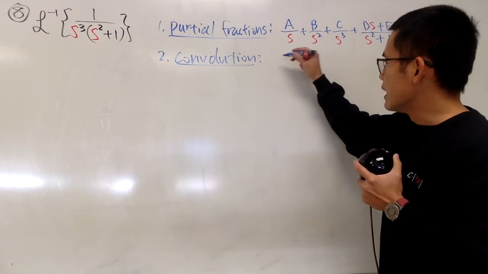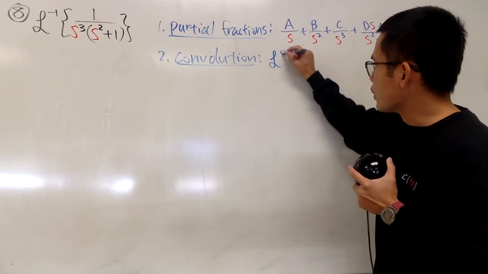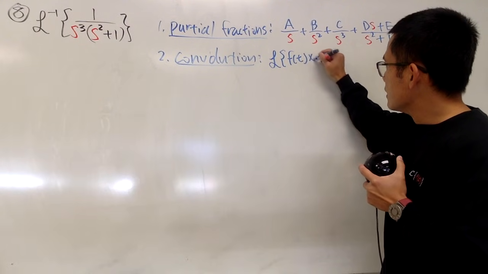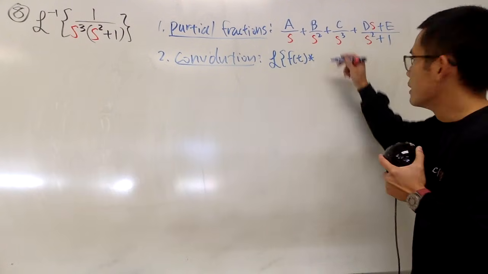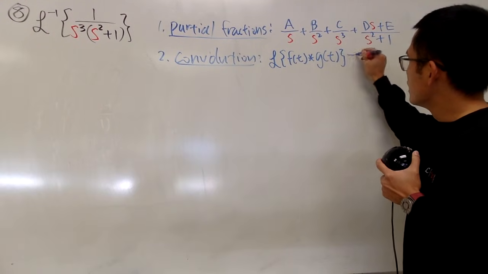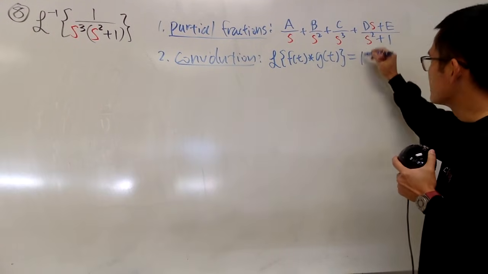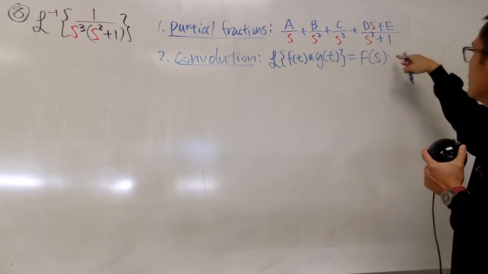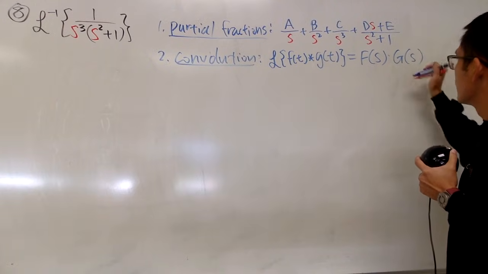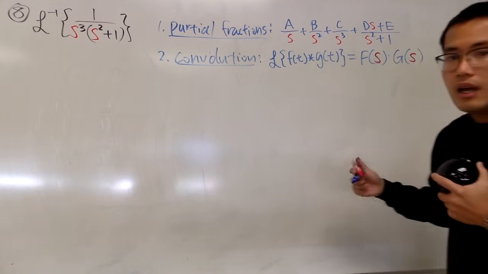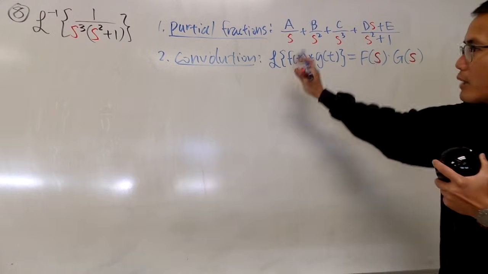The convolution theorem says the original Laplace of f of t star g of t, this is the convolution, is going to give you very nice F of s times, this is just a regular multiplication, G of s. So that's good. And of course, you can do it backwards.